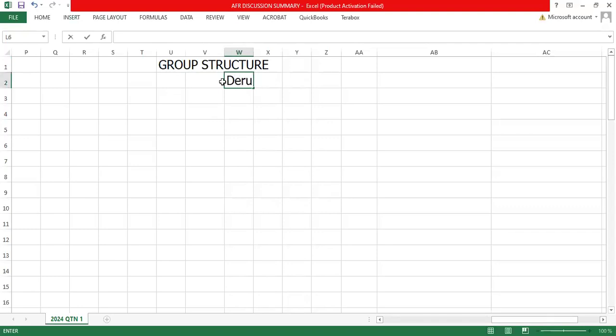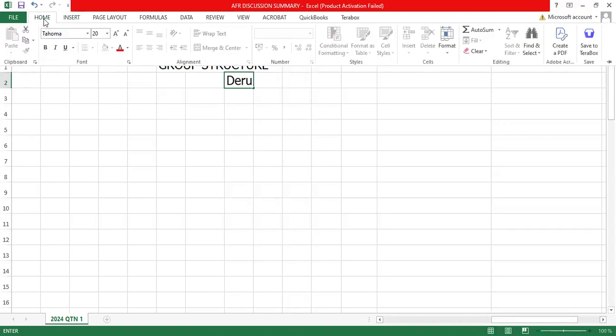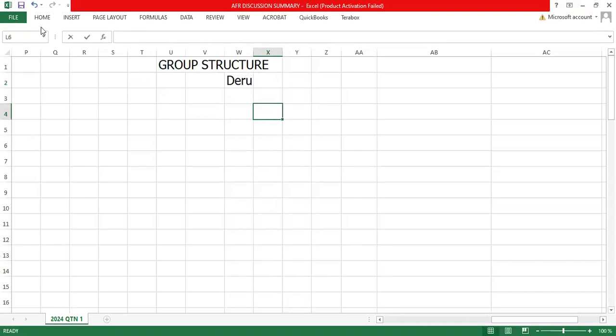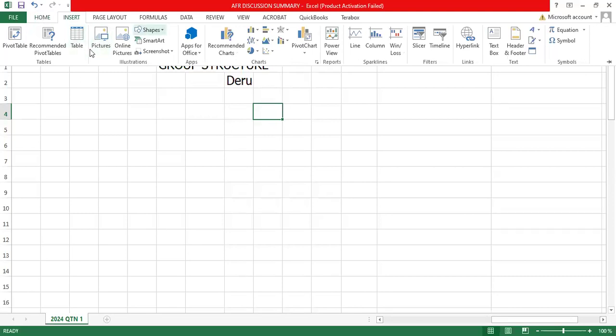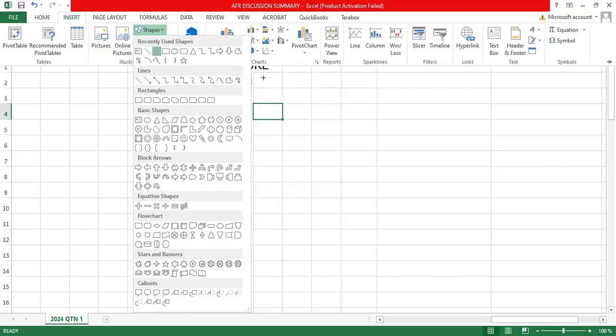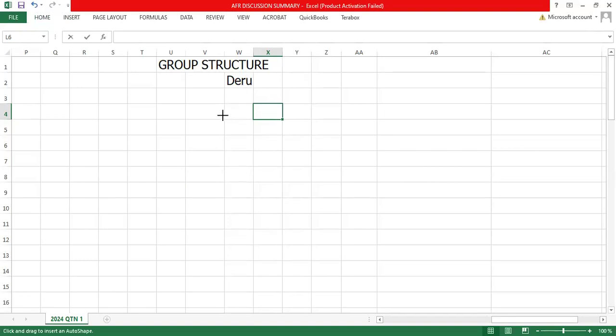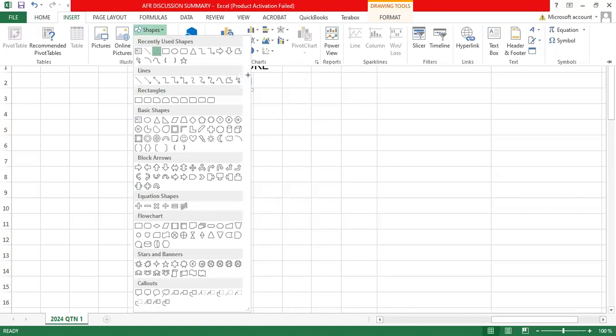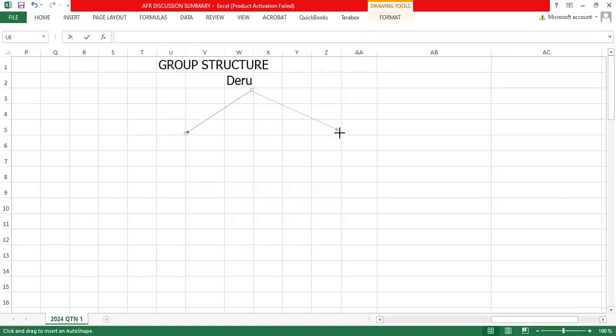Deru acquired some shares in two entities. The first one was HL. Then the other one was AL.